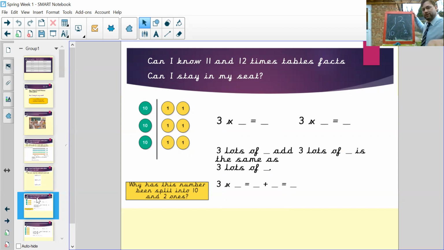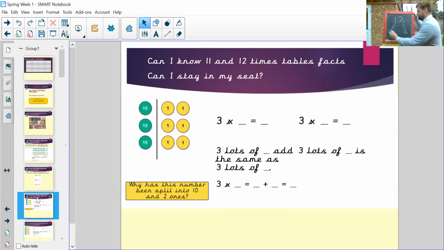So on your board or on the screen that you can see, we've got 3 lots of 12 there, haven't we? We've got 3 lots of 10 and then we've got 3 lots of 2 ones. So we've got 3 times 12. Okay, and doing 12, this is a good way of learning how to do the 12 times table.